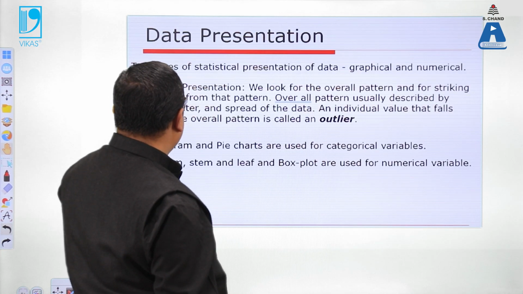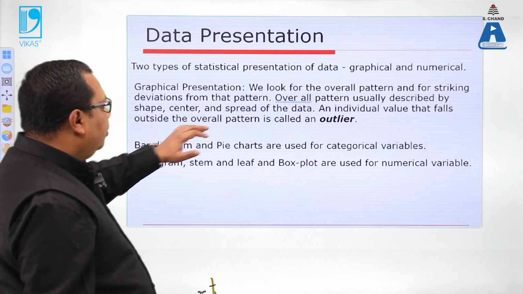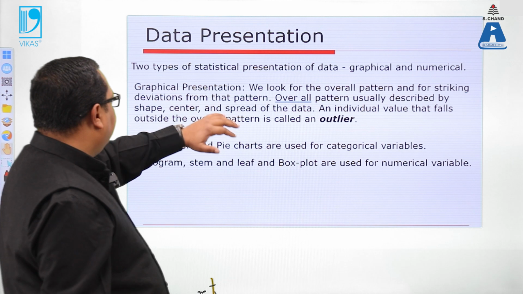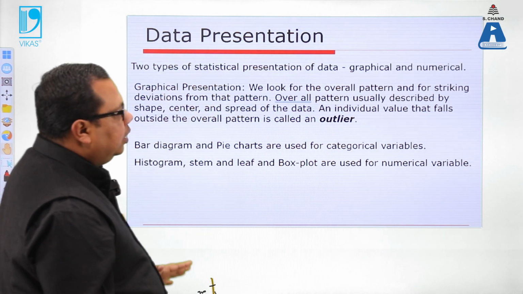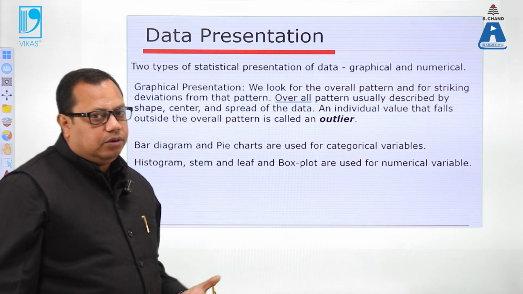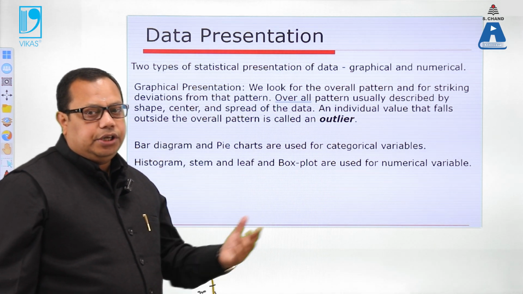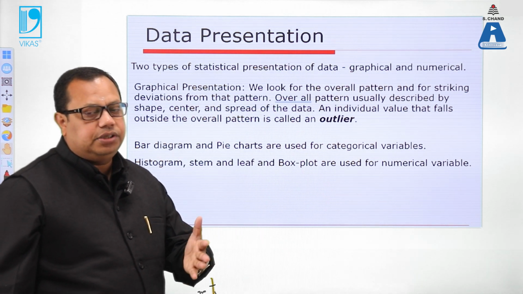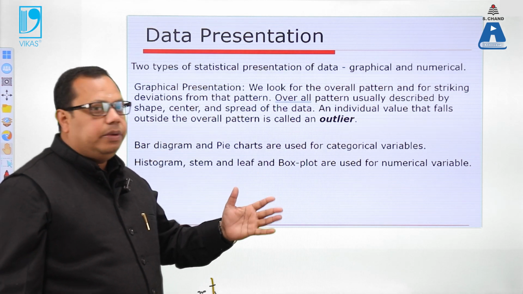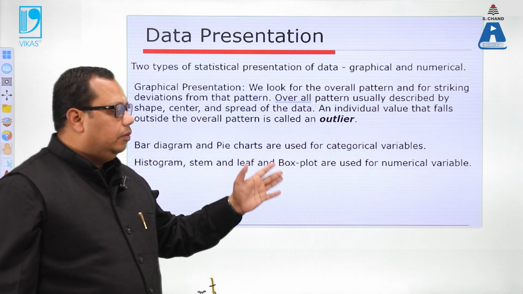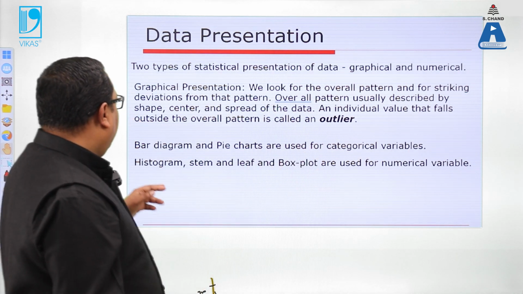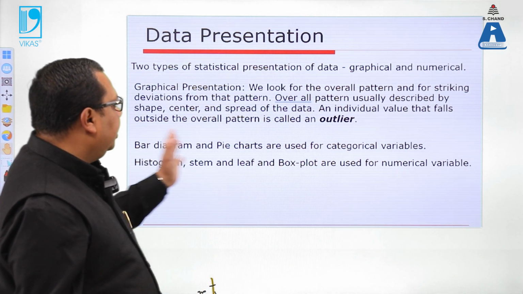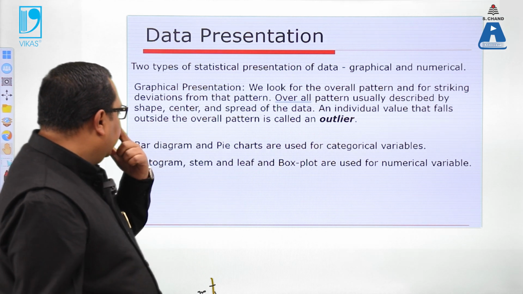For the entire data pattern, we'll make a particular diagram and calculation. Suppose there are 30 students, we make three categories, or if you don't want to make a category, then we put student number 1 to student number 30. After that, we give the individual score and then make a graph.